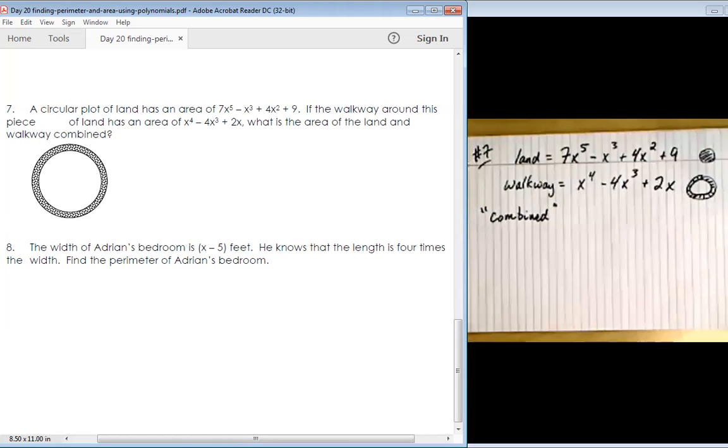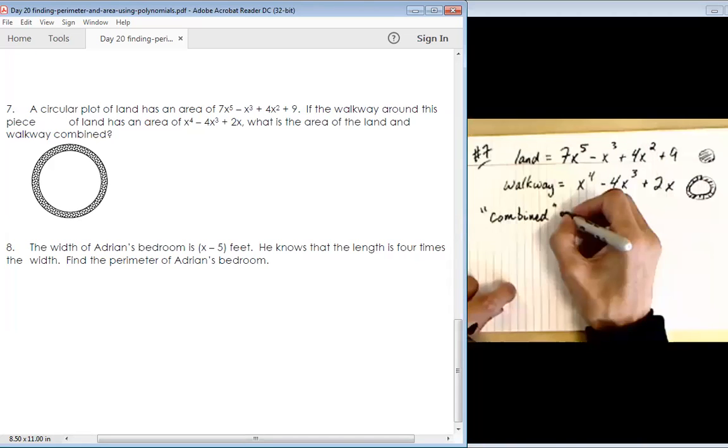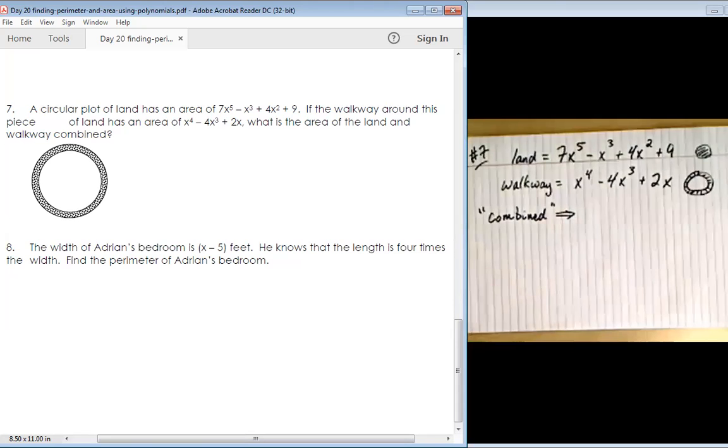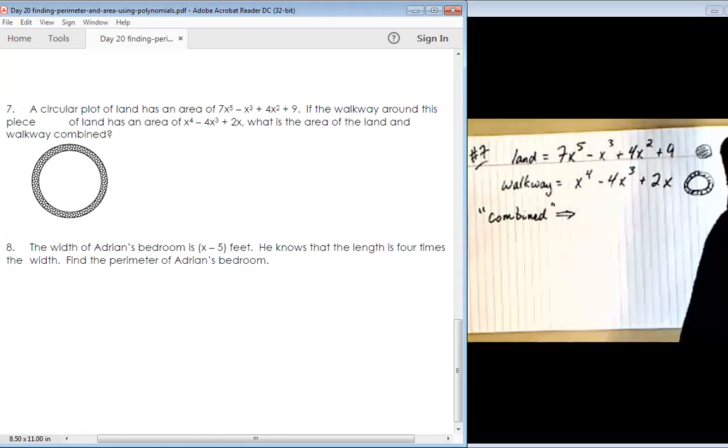What is it in this case? The question is combine how? We're going to be adding or subtracting for this situation.